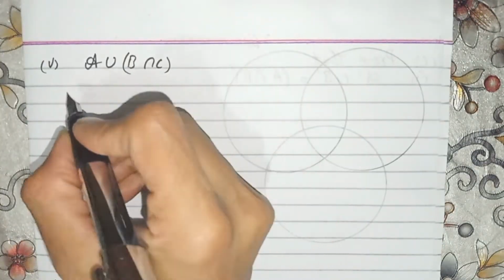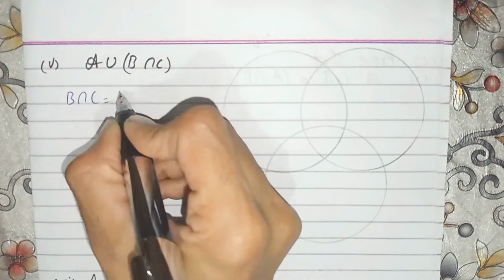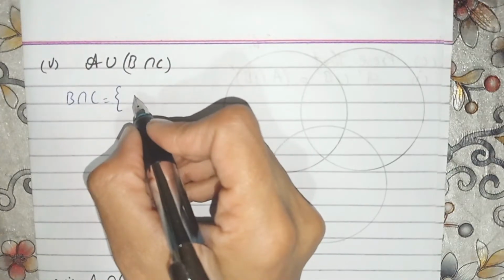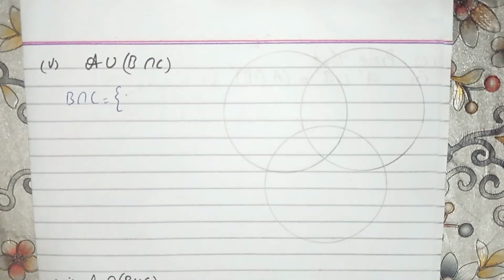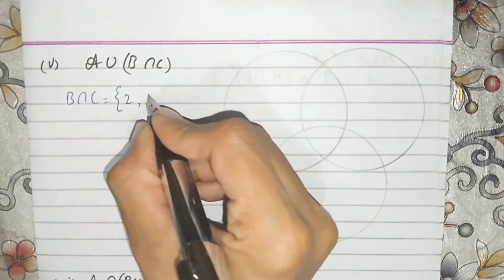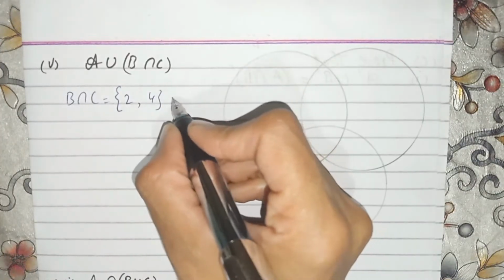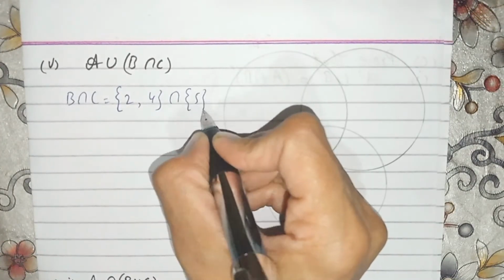Now students, part number 5, B intersection C, and B is 2 and 4, and C is 5.